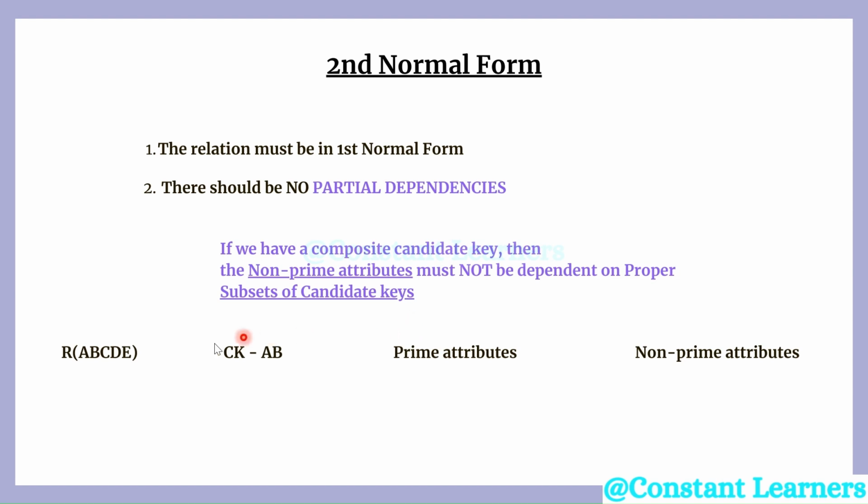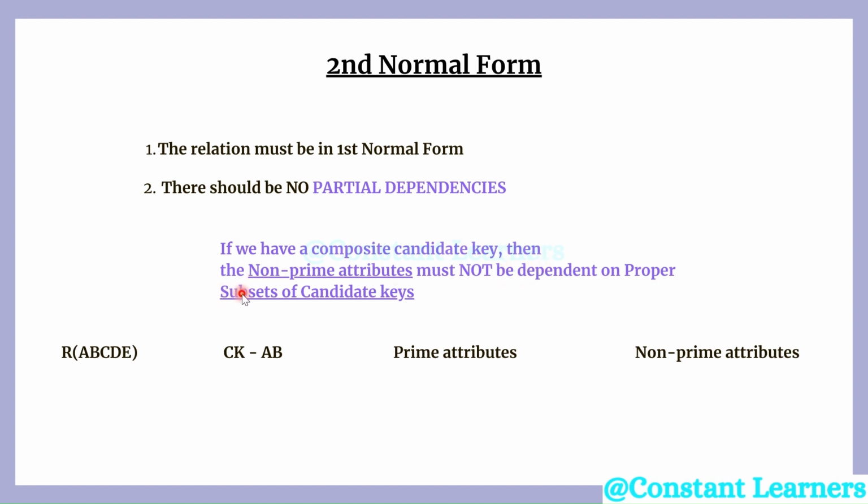Now, let's say we have a relation R with the attributes A, B, C, D, and E. These are the five attributes in our relation or our table. And let's assume that the candidate key is AB. Right? So this is a composite candidate key, because here we are using two attributes A and B to form the candidate key, right?